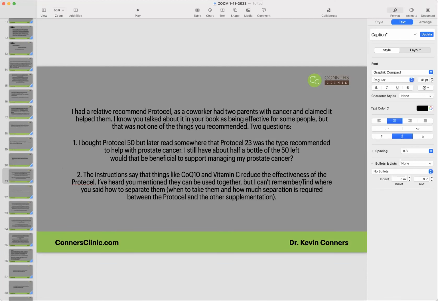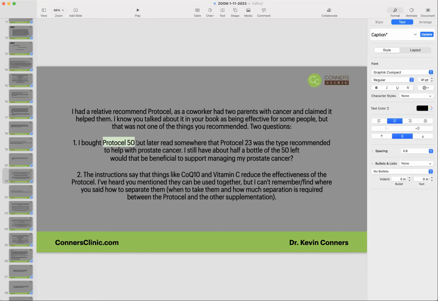Yes. So the instructions say things like CoQ10 and vitamin C reduce the effectiveness of Protocell, which is correct. Protocell is an oxidizing agent. So when you're taking Protocell 50, for instance, you have to take it on a very tight schedule. It says it right on the bottle.